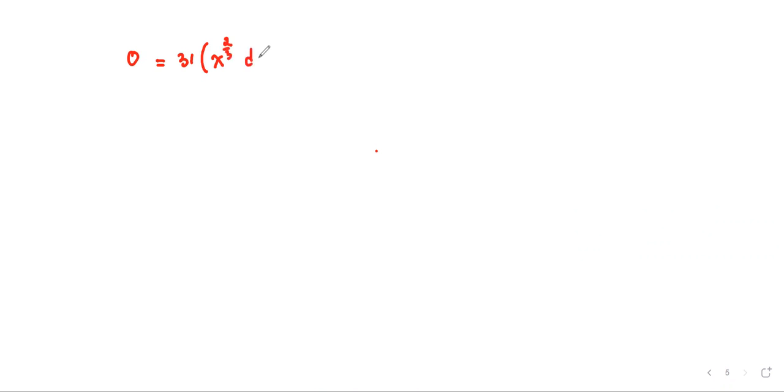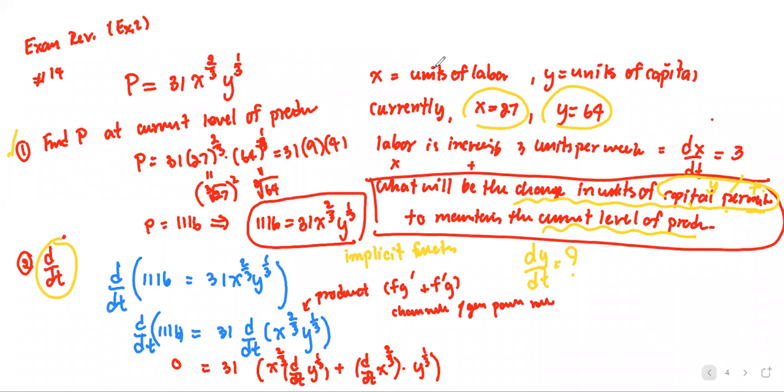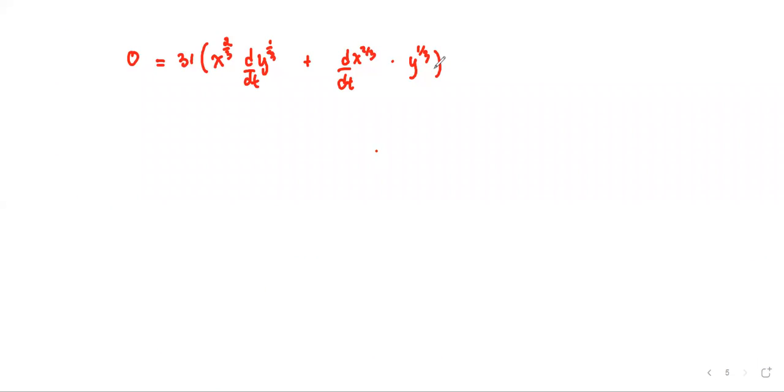I just copy it to make sure we have everything we need. And d/dt of x to the power 2/3 times y to the power 1/3. Let me check real quick: power 2/3 for the x and power 1/3 for the y.